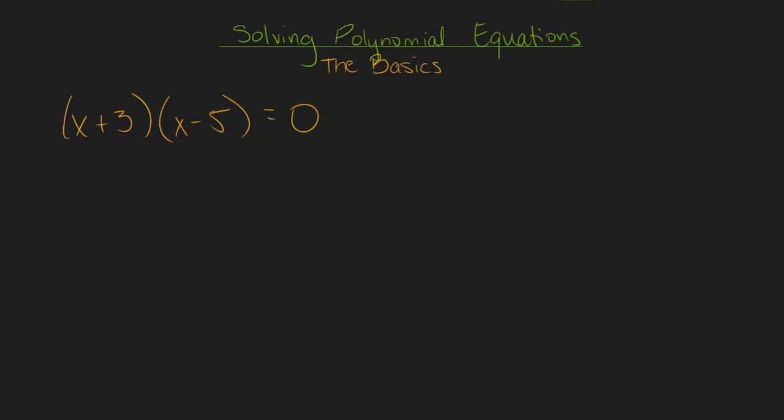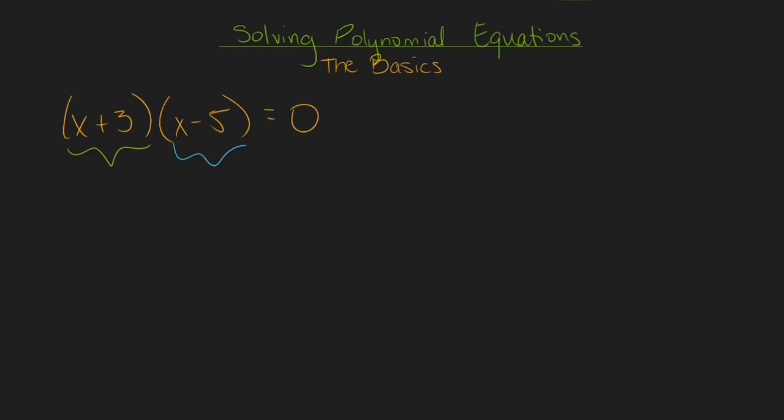The idea behind solving polynomial equations comes from the fact that we are multiplying however many factors we have together to come up with an answer of 0. It also hinges on the idea that any number or any number of numbers times 0 ultimately equals 0. What that tells us is if either one of these factors, the x plus 3 or the x minus 5, equals 0, then when I multiply these two together, the entire thing will equal 0.